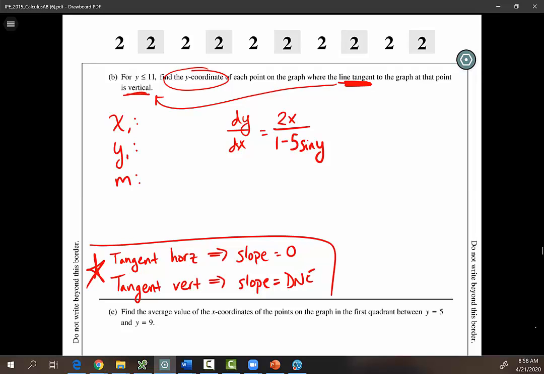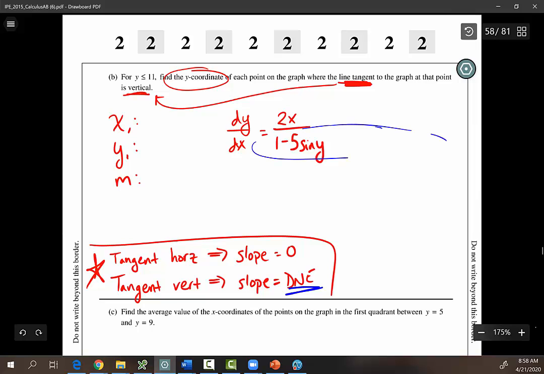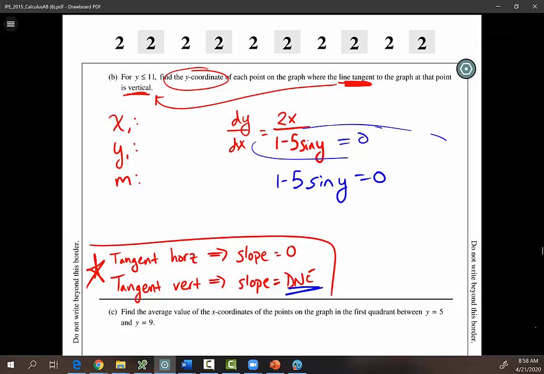The way we get dne on this then is that we have to set the denominator to 0. So if it was 0, right, horizontal, we would set the numerator to 0. But because it's dne, then we're going to take the denominator and set that to 0. So 1 minus 5 sine y equals 0. And you could put dne here if you wanted to.